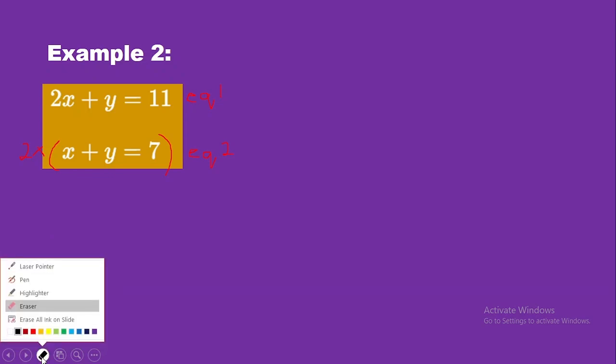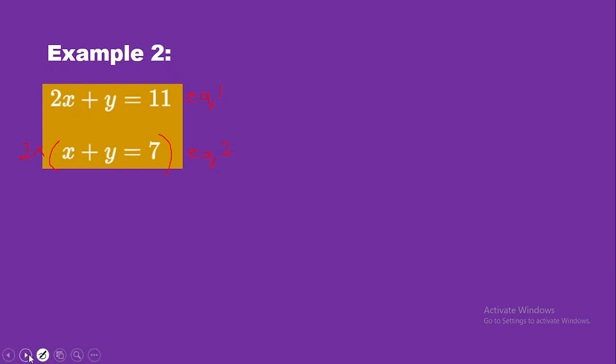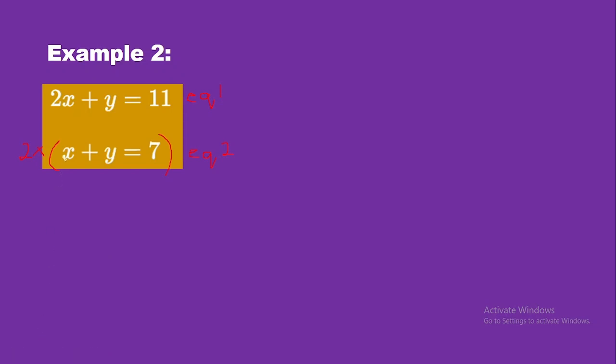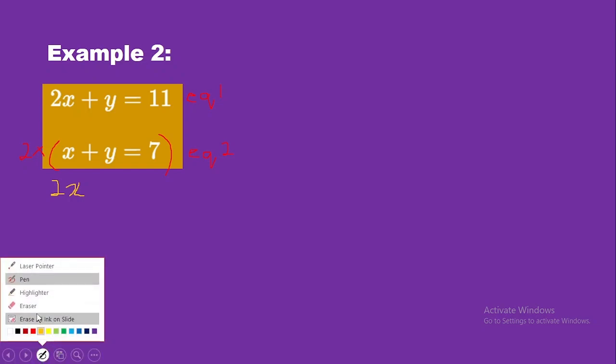So let me just quickly do this. So 2 times x, that will be 2x. Let me just multiply again to ensure that we get what we should get.